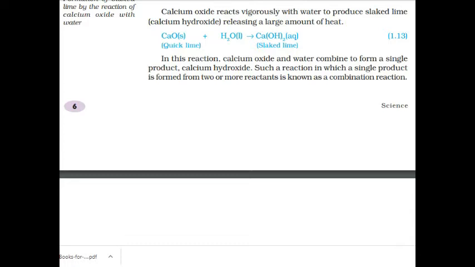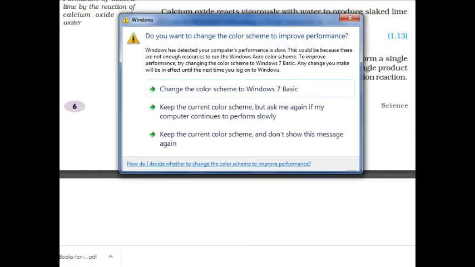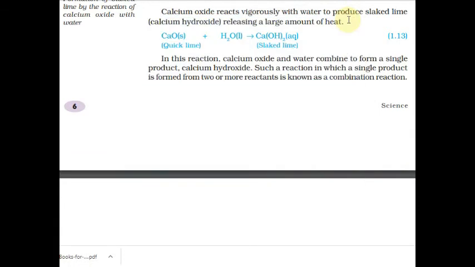Aqueous means the solution present in water. Ca(OH)2, hydroxide, OH hydroxide group, calcium hydroxide. In this reaction, calcium oxide and water combine to form a single product, that is calcium hydroxide, and such a reaction in which a single product is formed from two or more reactants is known as combination reaction.